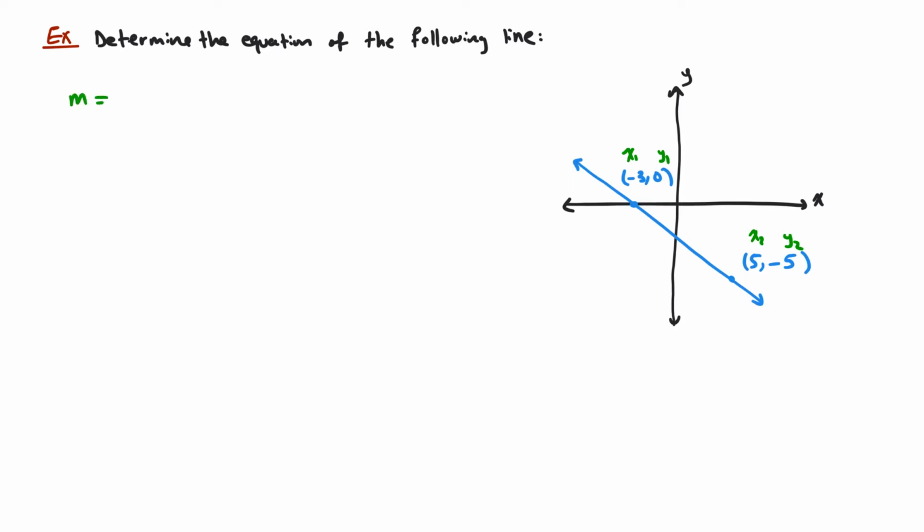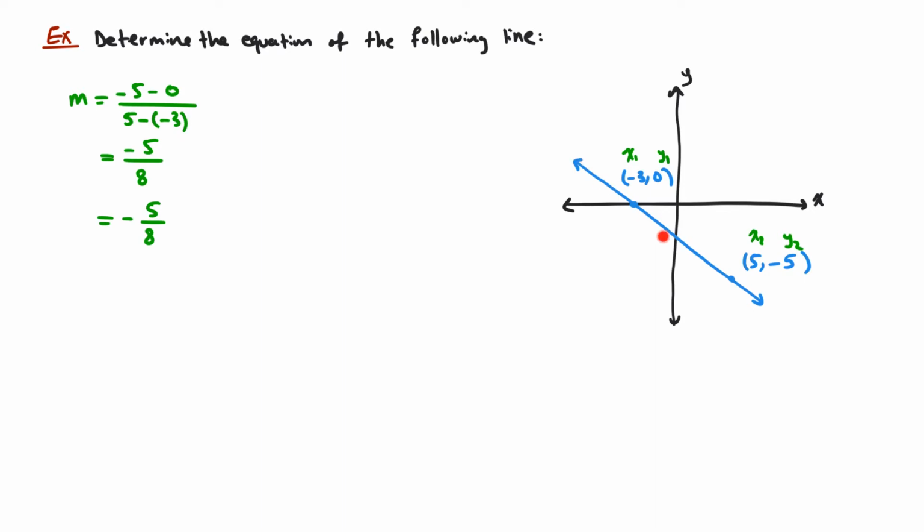The slope is y2 minus y1, so negative 5 minus 0, divided by x2 minus x1, which is 5 minus negative 3. So I get negative 5, and I get 5 plus 3 in the denominator, which gives me 8. So the most simplified way of writing this is negative 5 over 8.